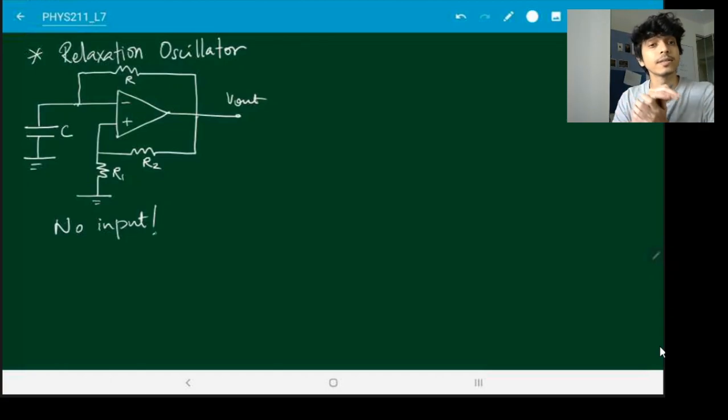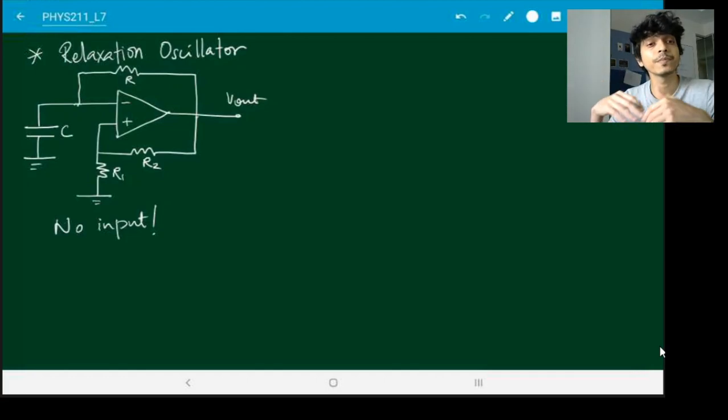So this is not a waveform converter. Previously, we have seen waveform converters. In your assignment, for example, you designed a circuit in which you converted a square wave into a triangular wave. We have seen recently with the comparator and the Schmitt trigger a circuit which converts a sine wave into a square wave.